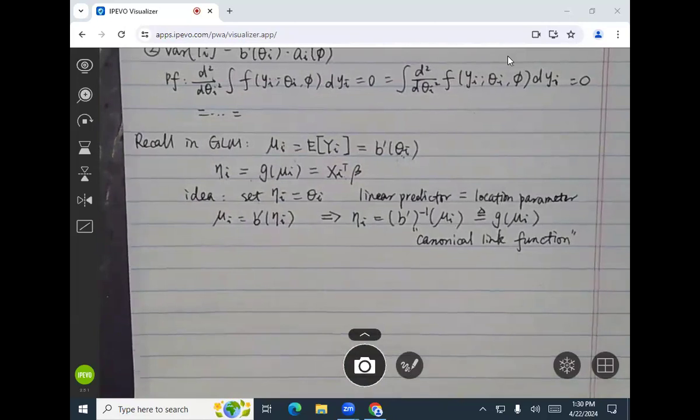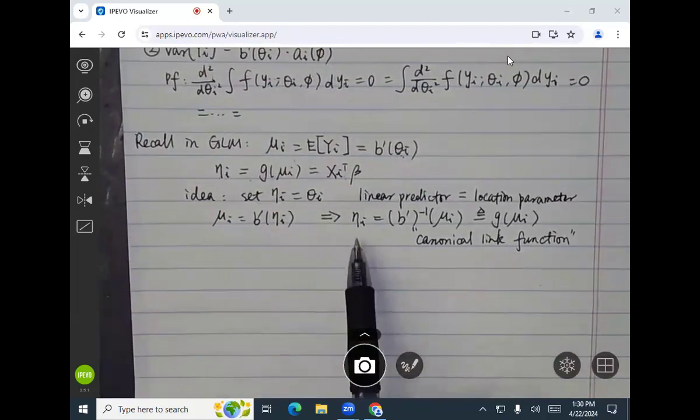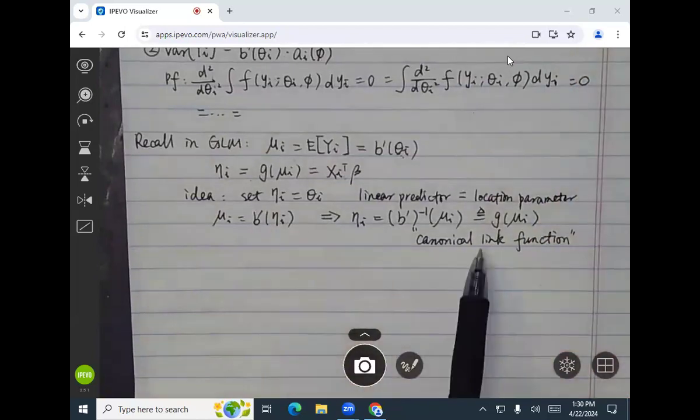Okay, so we will do the example for logistic regression and Poisson regression together and show why the link function we use in common logistic regression and Poisson regression is the canonical link function. So we'll do the verification for specific cases later.